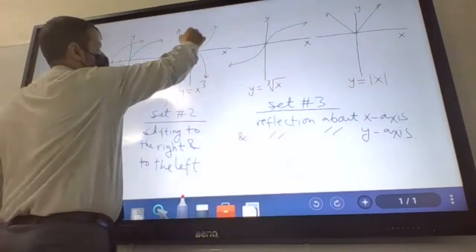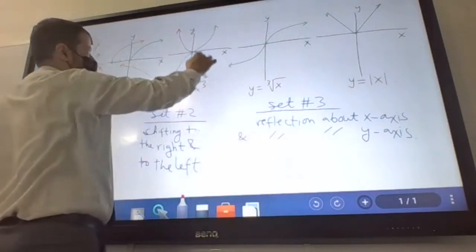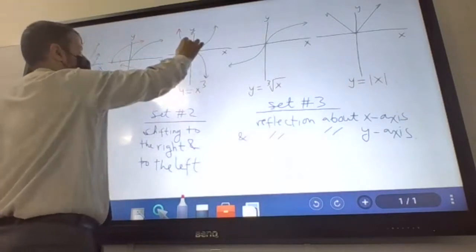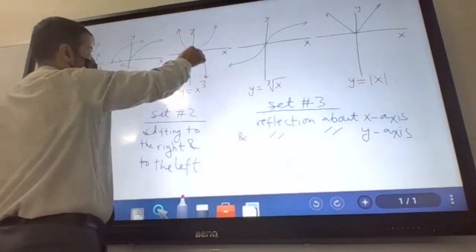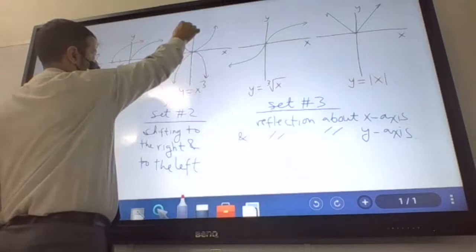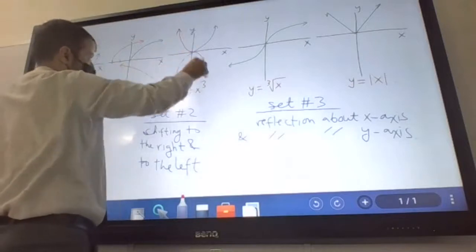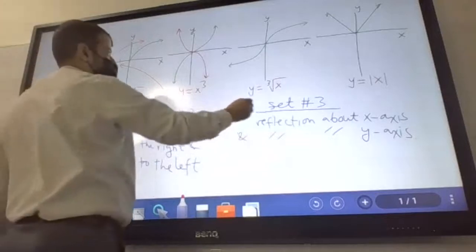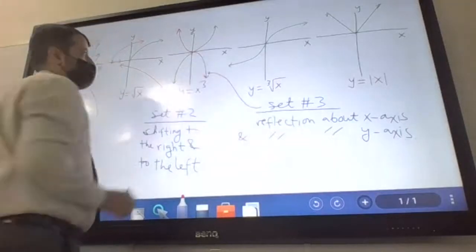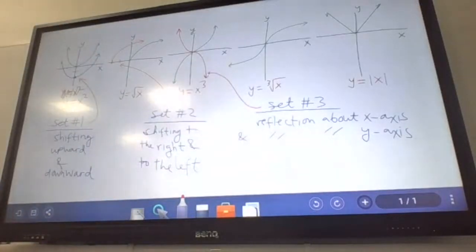You see, this goes up, the reflection will go down. This goes down, the reflection will go up. Or maybe one of you will say, this goes to the right, the reflection goes to the left. This goes to the left, then the reflection will go to the right. So we have to apply set number 3 to introduce the rule for the pink curve.